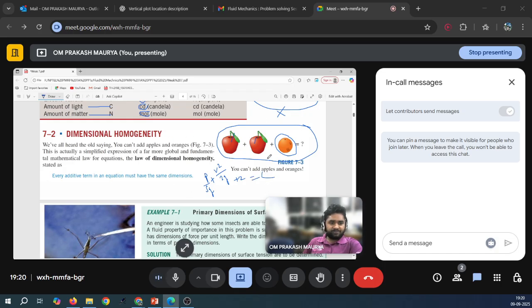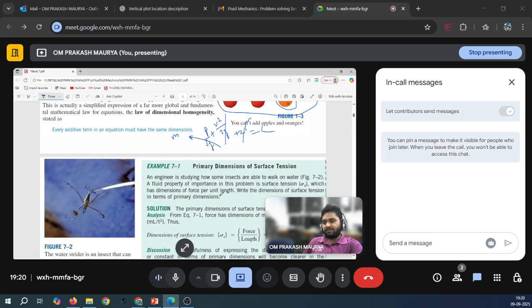Why are we adding these terms? Because this term has the unit of meter, this term also has unit meter, and z is also meter. It means you can add quantities which have similar units, similar dimensions. So remember, please.